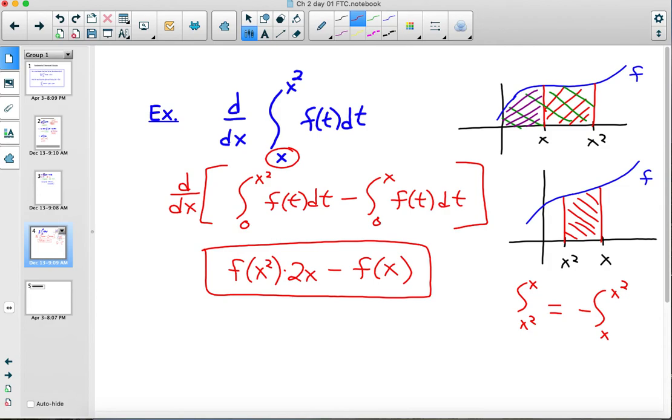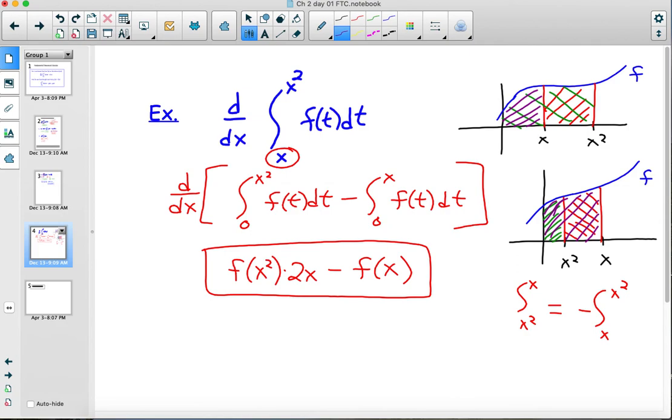So when I split it into two integrals and I did 0 to x squared, 0 to x squared would give me this amount. And then 0 to x would be all of this.